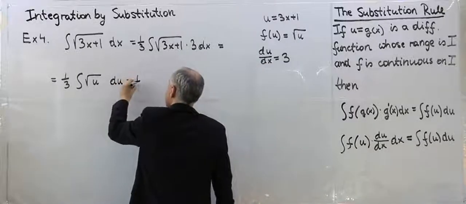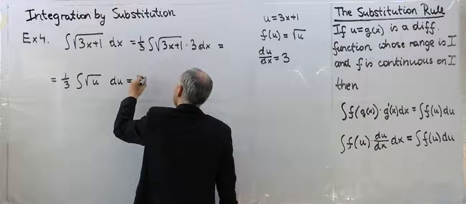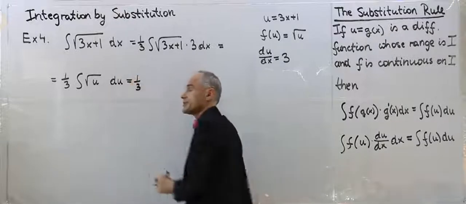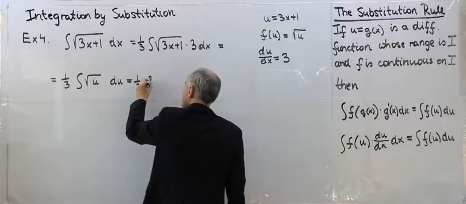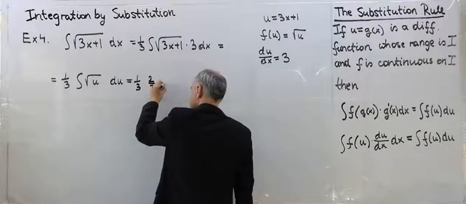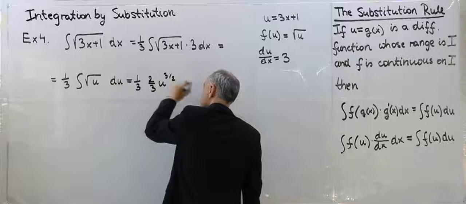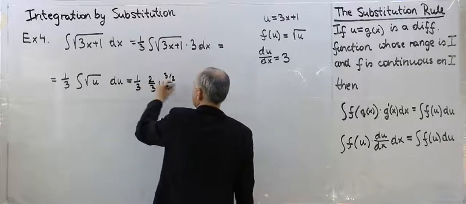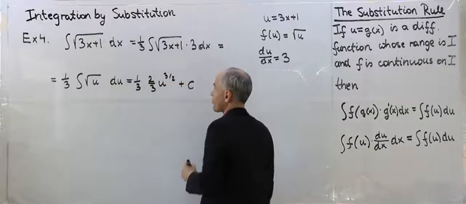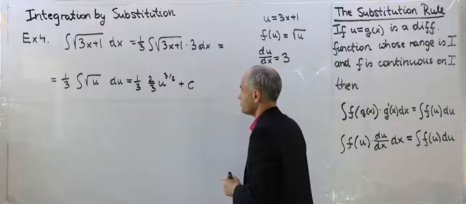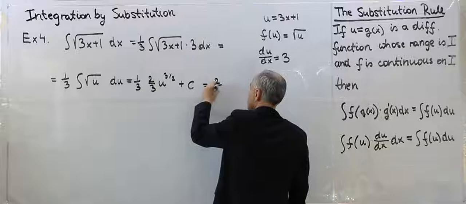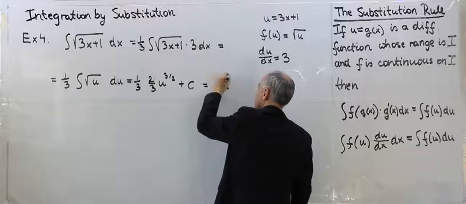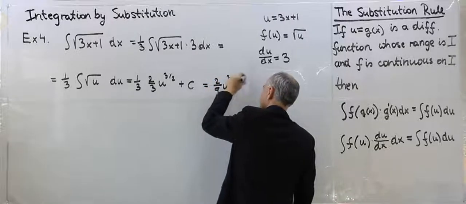So I got 1/3. What was the integral of the square root of u? 2/3 u to the power 3/2 plus c. So our final answer is 2/9 u to the power 3/2 plus c.